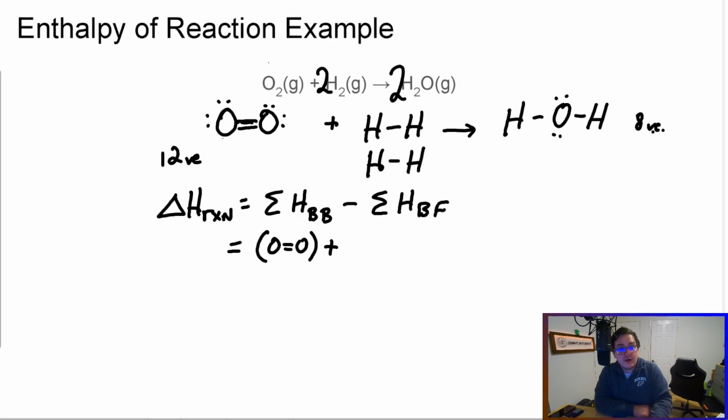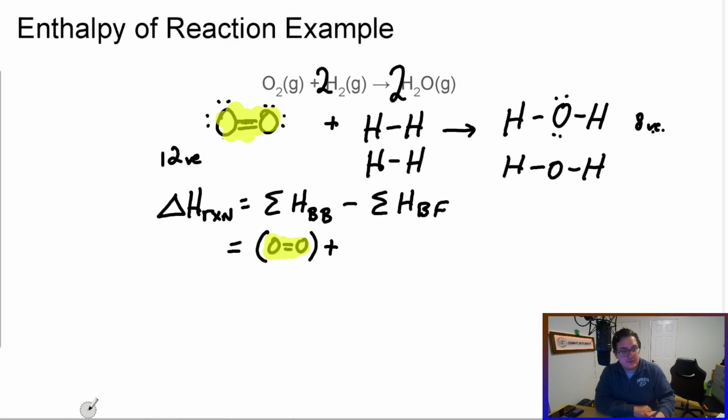Because for every 1 oxygen molecule, we have 2 hydrogen molecules to produce 2 waters. So let's make sure we got, or at least highlighting what we've done so far. We've got our 1 oxygen double bond taken care of.